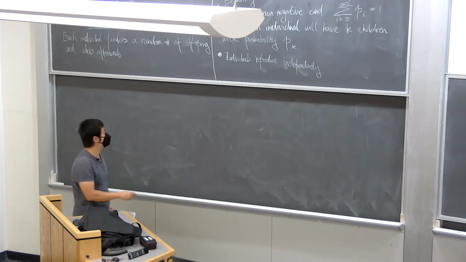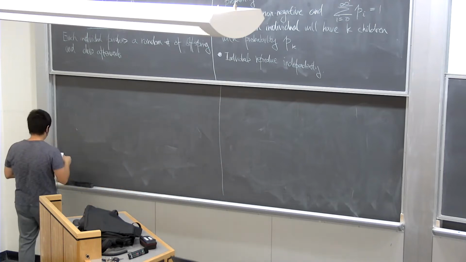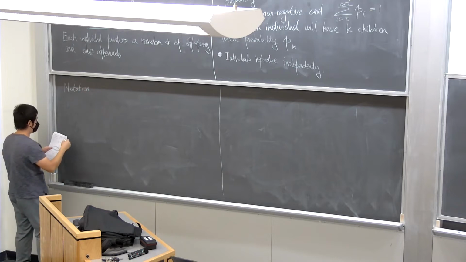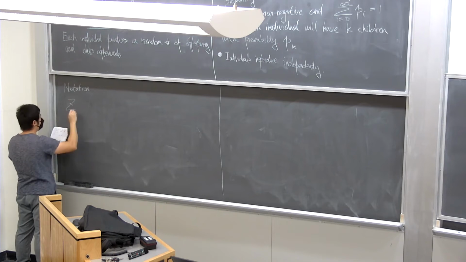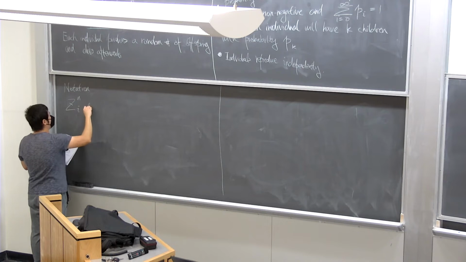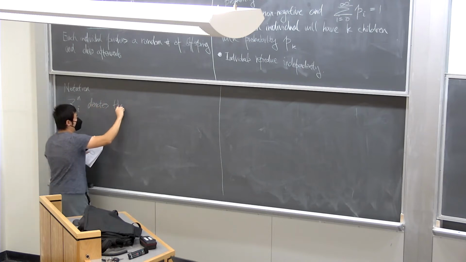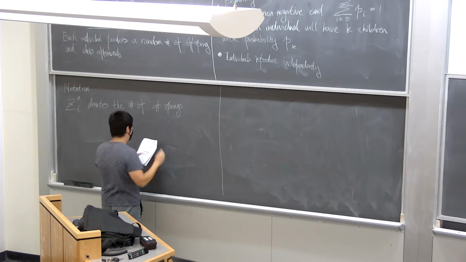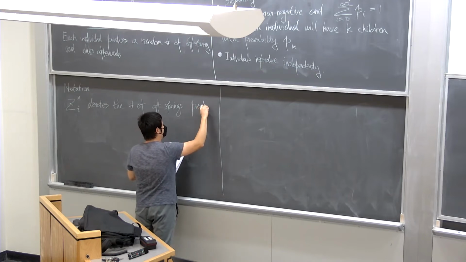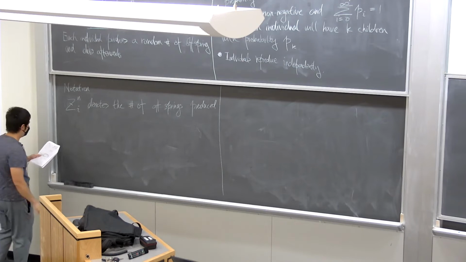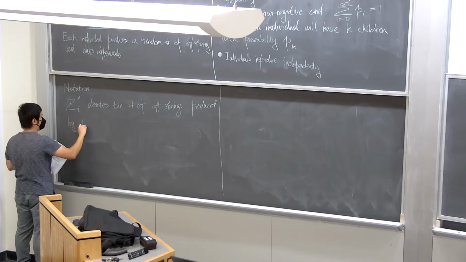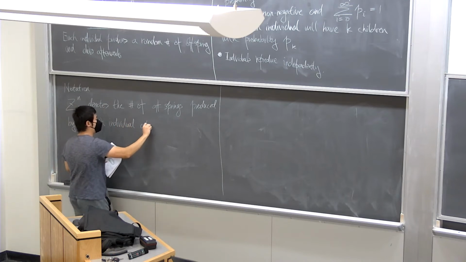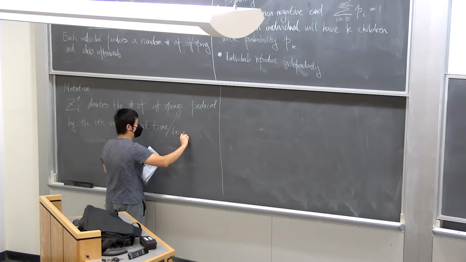Let's introduce some notation. Let Z sub i of n denote the number of offspring or children produced by the ith individual at time or level n.